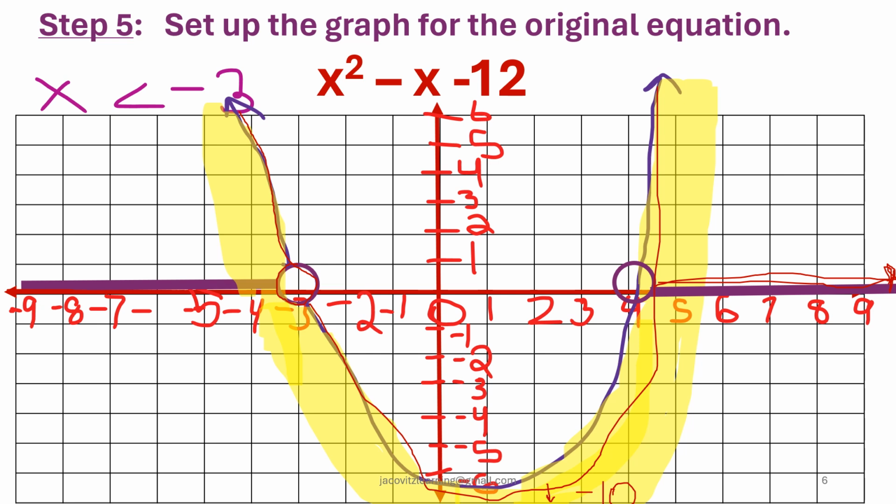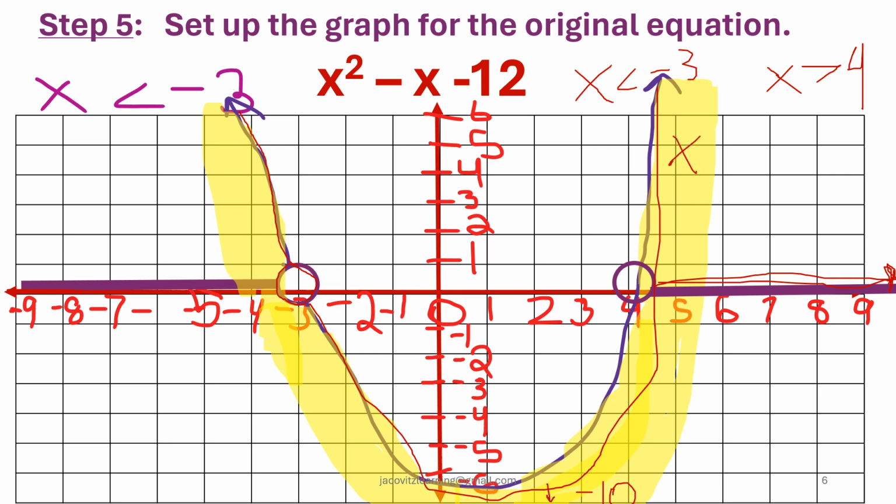And you have 2 points because you have a two-sided inequality graph where x is less than -3, but x is also greater than 4. Okay, and so our long graph was this.